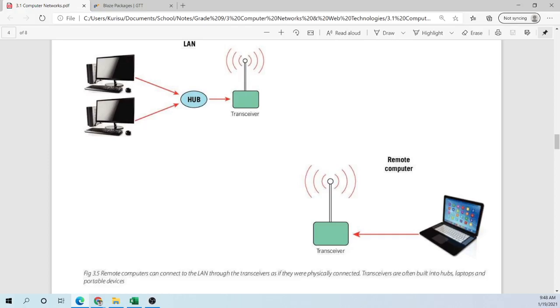And the transceiver would make that wireless part of the network seem as though it is the same as the wired part of the network, so that they can all communicate with each other.